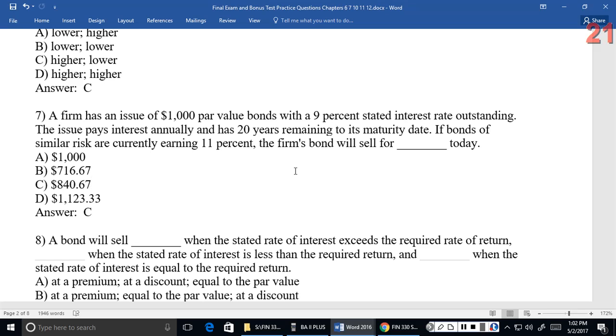So the inputs for this would be your future value, $1,000. N is 20. The I/Y is 11.